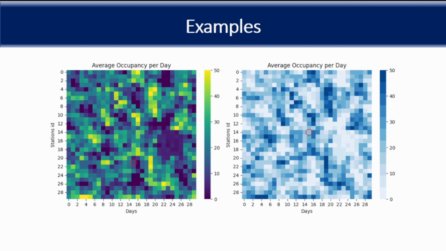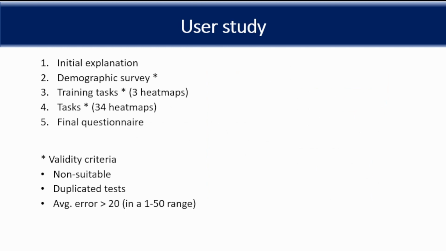This combination of colors was checked to be safe for colorblind people using the ColorBrewer website. We designed a user study to test our hypotheses with the following steps. First, an explanation of the objectives and what heatmaps are. Then, a demographic survey and the training tasks, where users had to solve the tasks for 3 heatmaps.